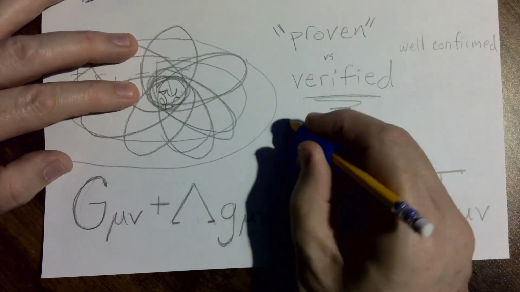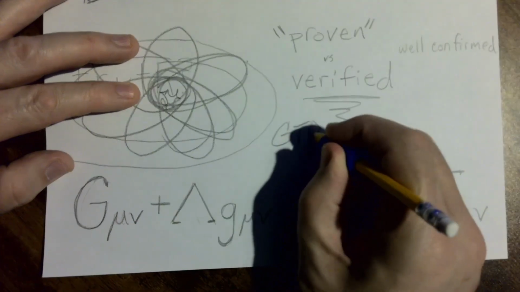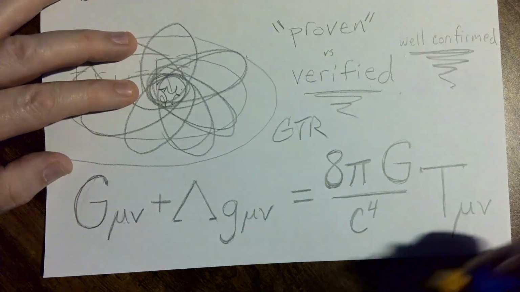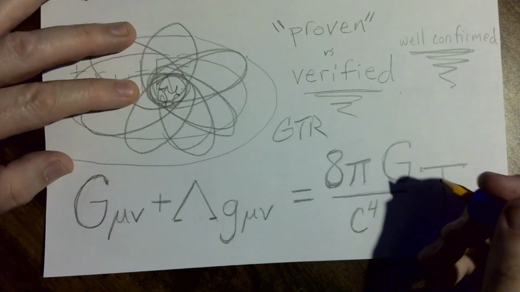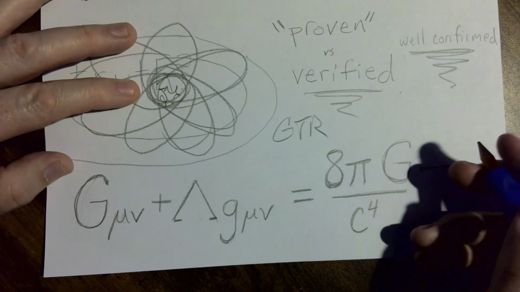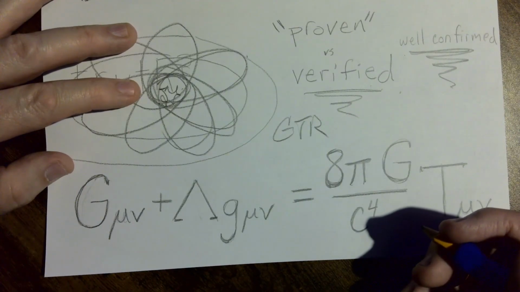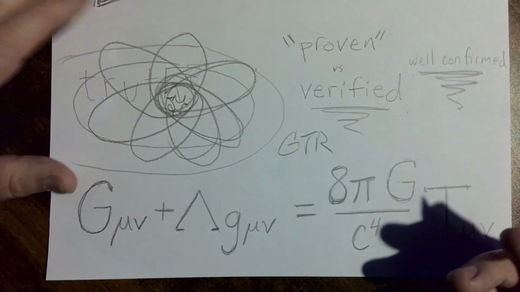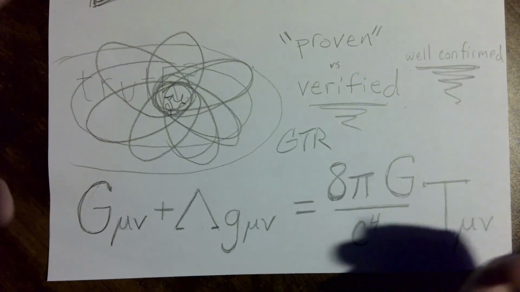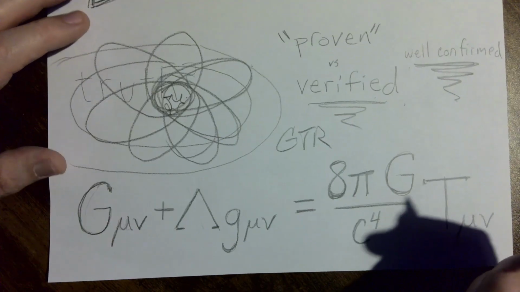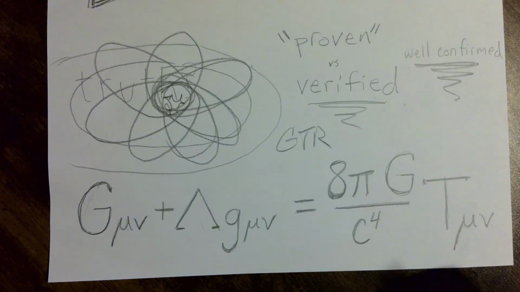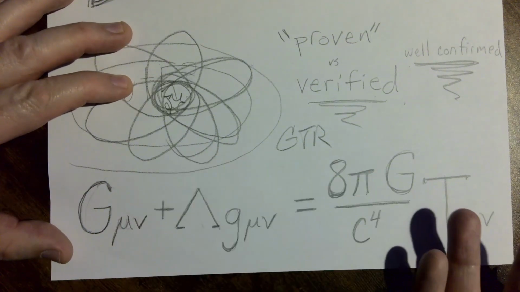The general theory of relativity, GTR, again and again and again, it is well confirmed. Maybe even more so than the theory of natural selection and evolution. Well confirmed. Proven? Like a proven statement in plane geometry? When you're doing puzzles, that kind of proof? Proven that way? It's clearly using a lot of math.